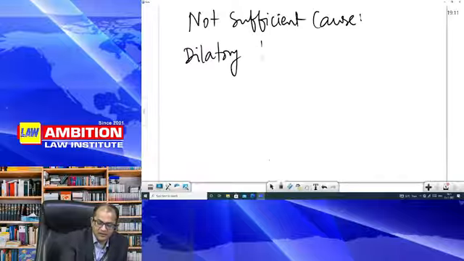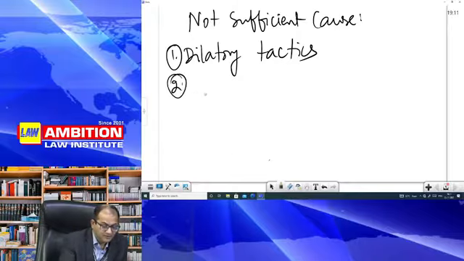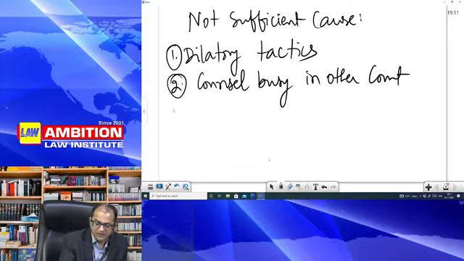So you are again and again seeking time and adjournment, unnecessary. You do not want to come. That is bahanebaji, you are pretending. Counsel busy in other court. So we will not wait for indefinite time. We cannot wait. So we will decide the case.